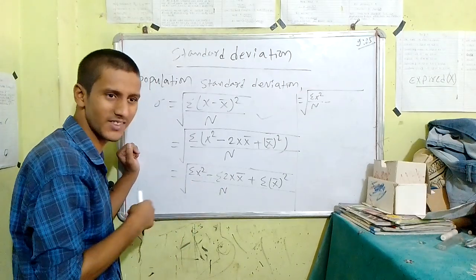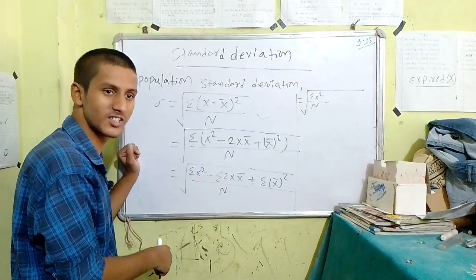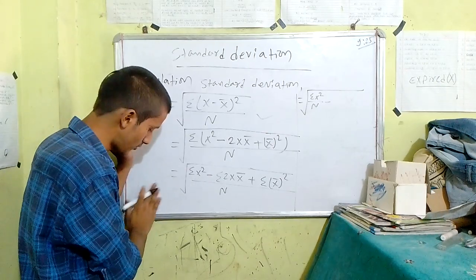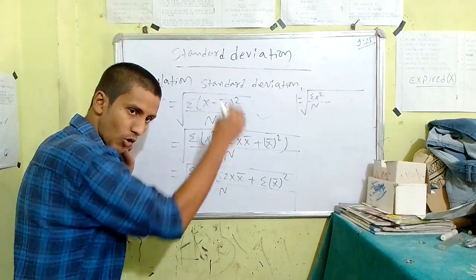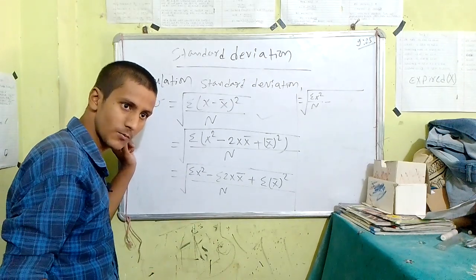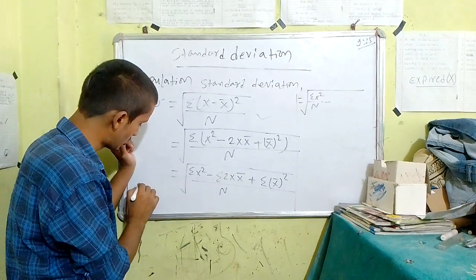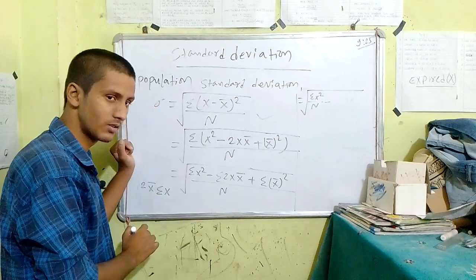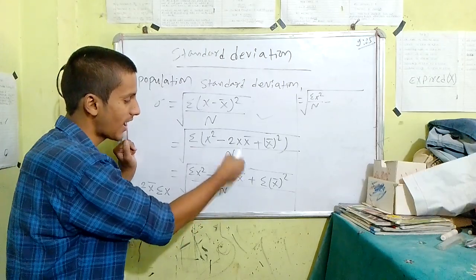These are constants, aren't they? 2 and x bar are constants here. I mean, you're going to have a single number which will be your mean. 2 is a constant, you already know. But this is not a constant, is it? For all the observations, you have to plug in different x's. Does that make sense? So, what I can do is, I can write this thing as 2x bar times summation x. So I can transfer the constants out of the sigma sign.